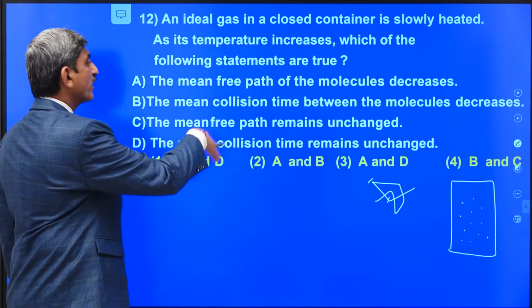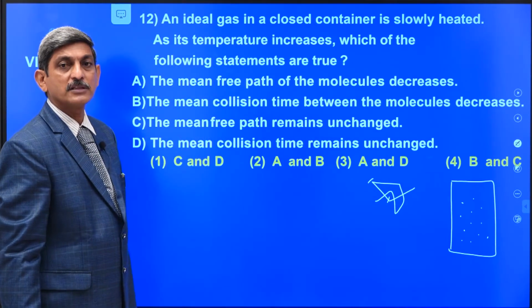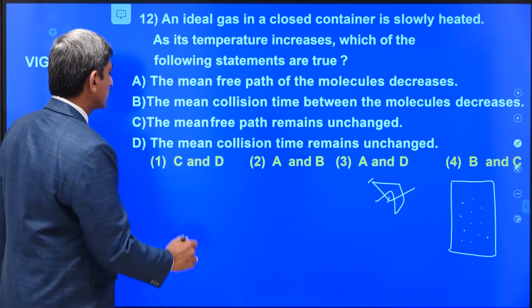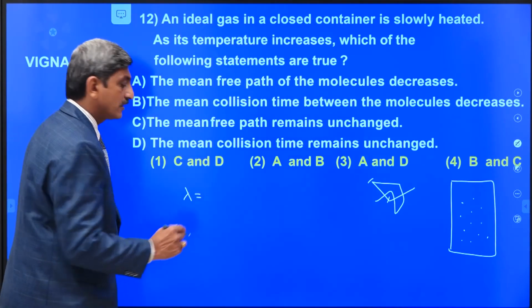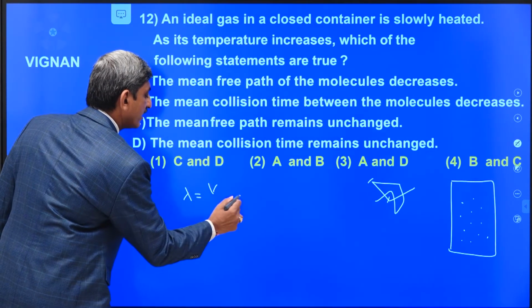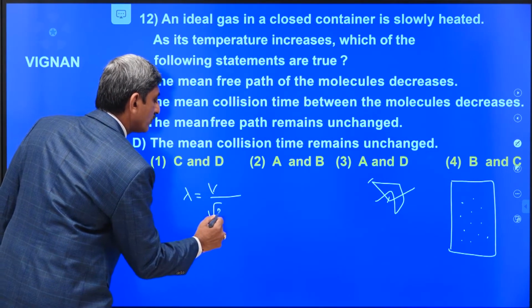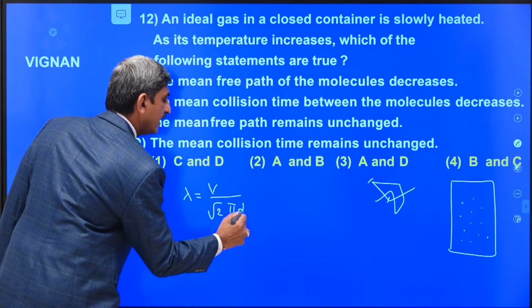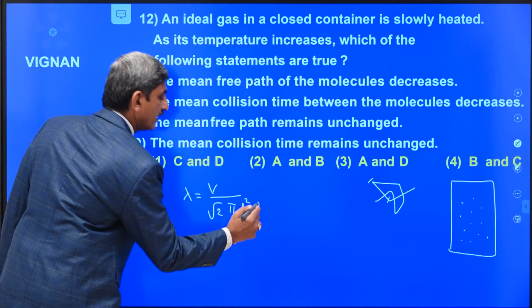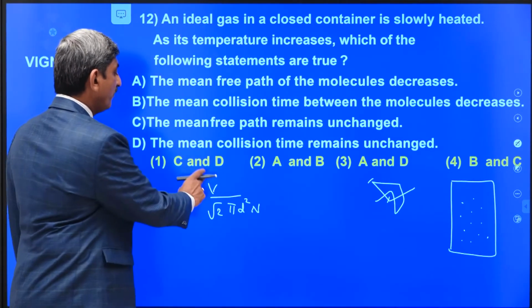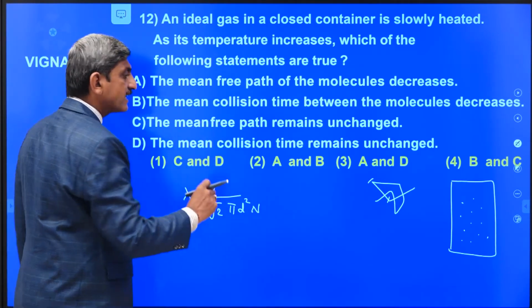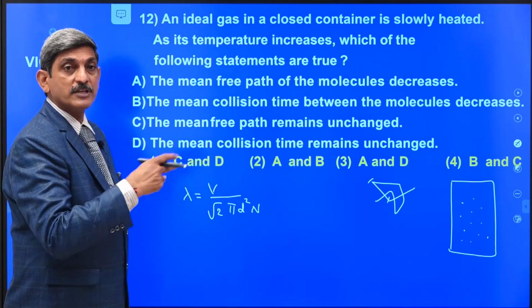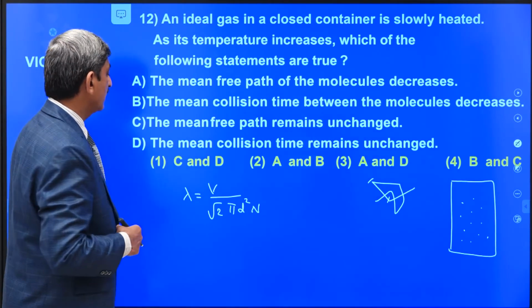Here the 4 options are given in terms of the mean free path and mean collision time. The mean free path is given by the formula lambda is equal to V divided by root 2 pi d square N. In this equation, V stands for the volume of the container and N stands for the total number of the molecules of the gas in the container.